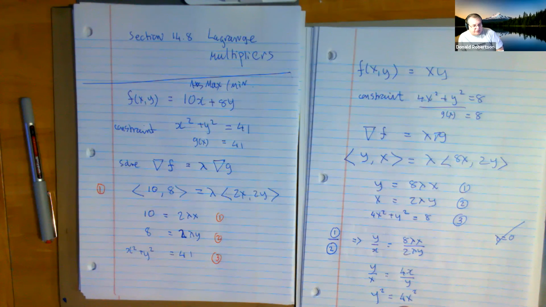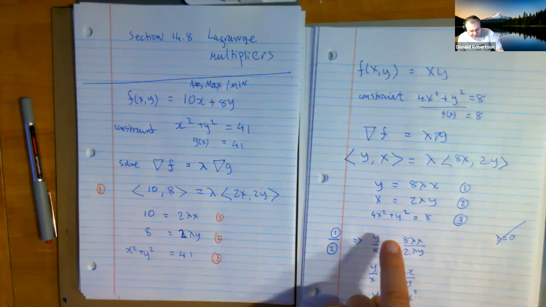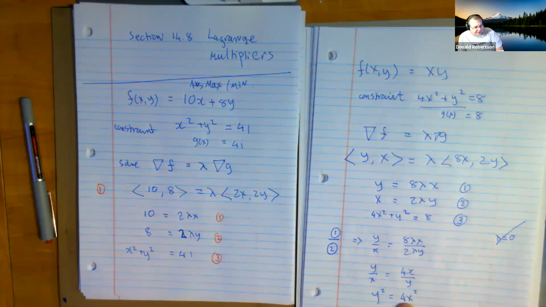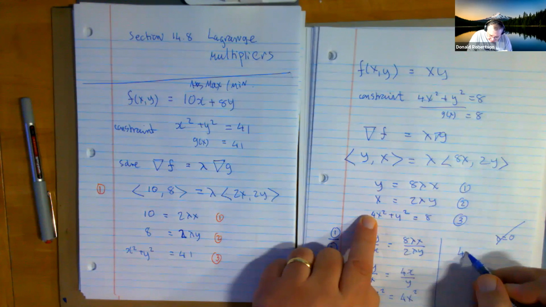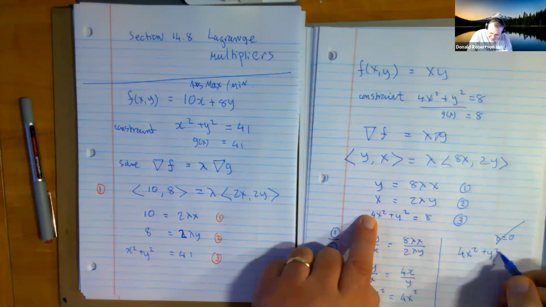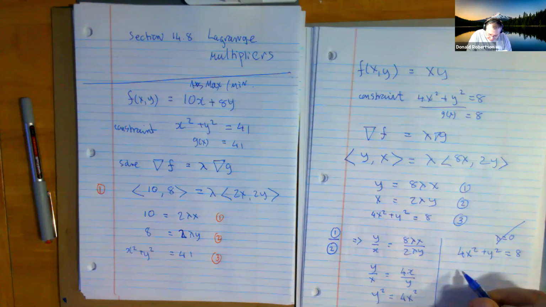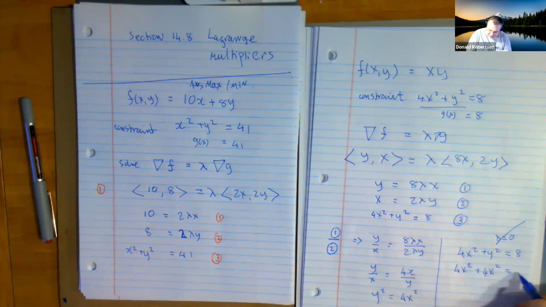Agreed? Now, can't I use that in the constraint function? In other words, replace the y squared with 4x squared. So instead of the constraint function being that, it's now 4x squared plus 4x squared, which gets me 8x squared.